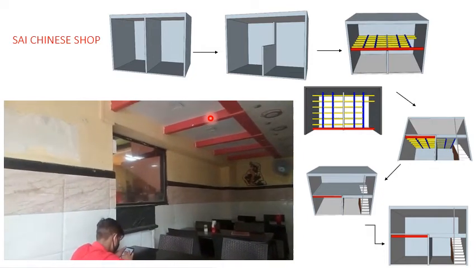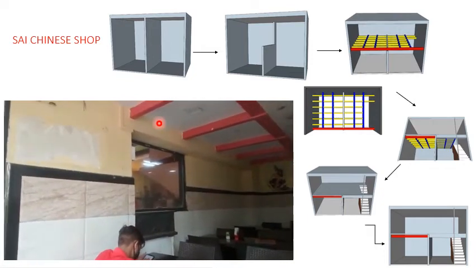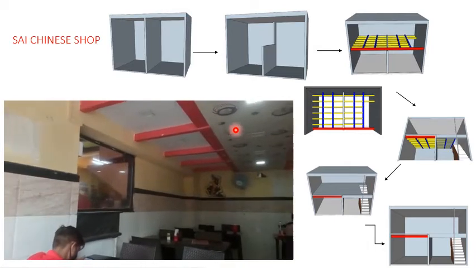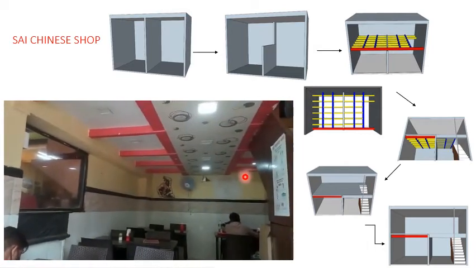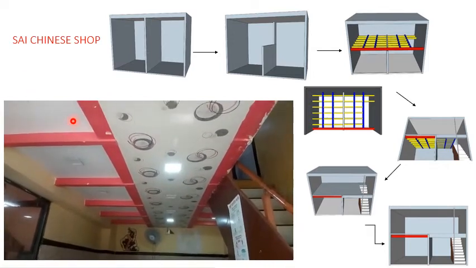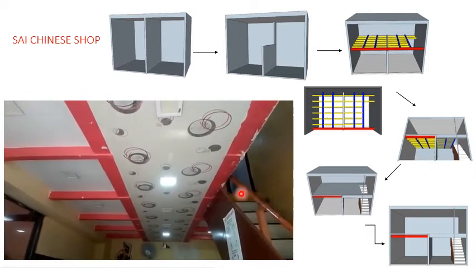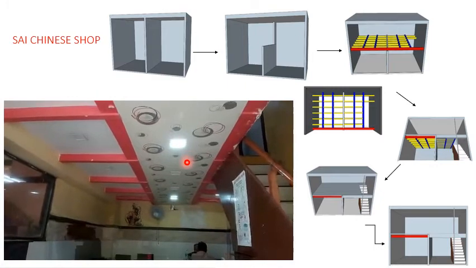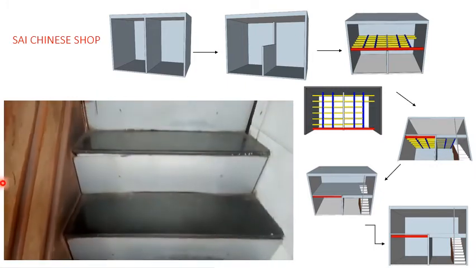We can see how the tertiary beams are exposed, and here is the staircase, and the ceilings are also introduced. Here is the concrete pour, and then the ceiling is introduced.